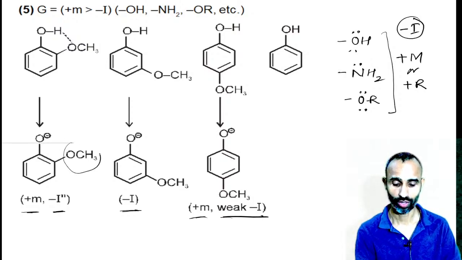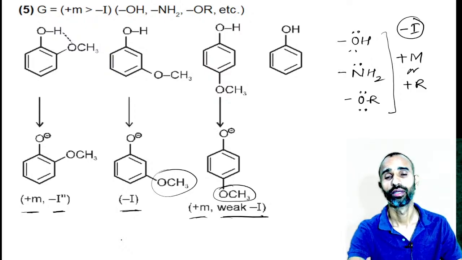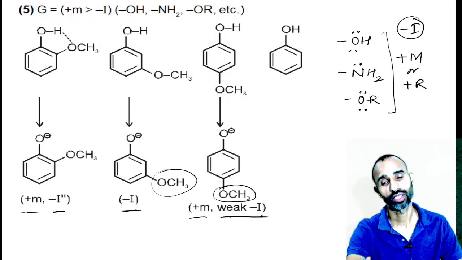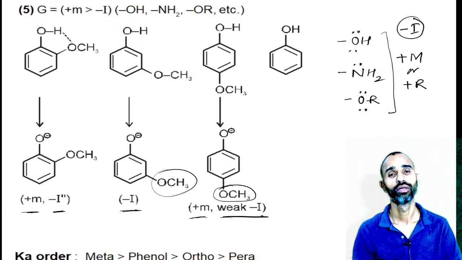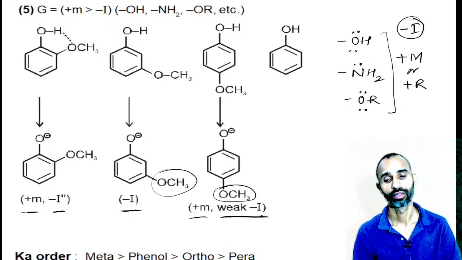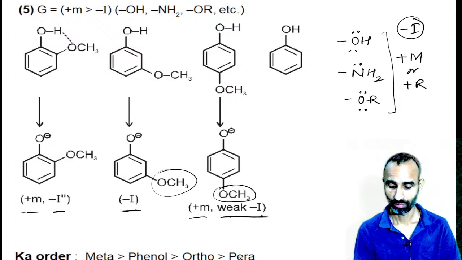Obviously at ortho it is electron releasing. Here electron releasing, but in this case it is electron withdrawing. So obviously meta should be more acidic than phenol, and then it is ortho, and at the end it is para.